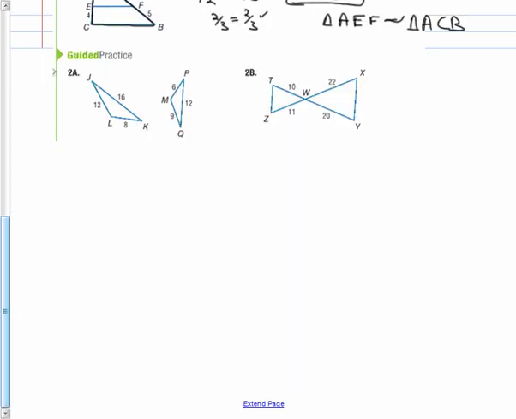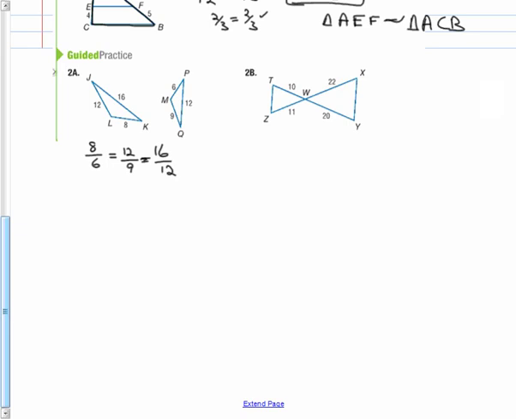That's usually how it goes in math. Everything works. What are we going to check on 2A? Which theorem? Side. 8 goes with? No, 6. 8 goes with 6. 12 goes with 9. 16 goes with 12.